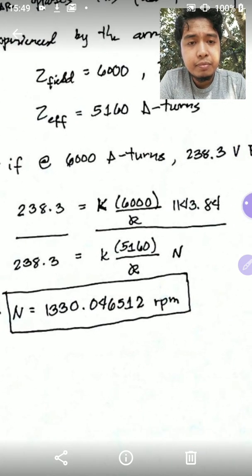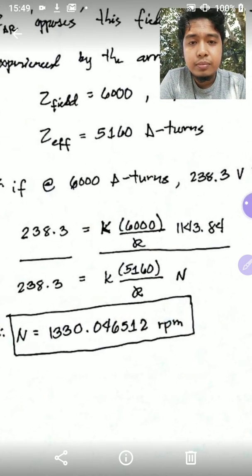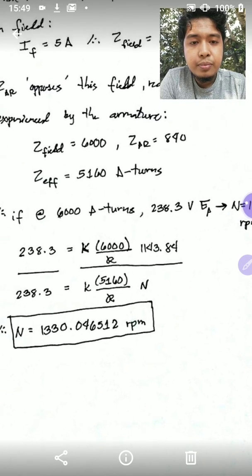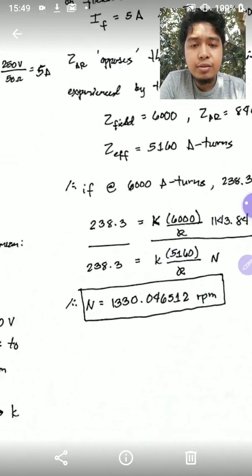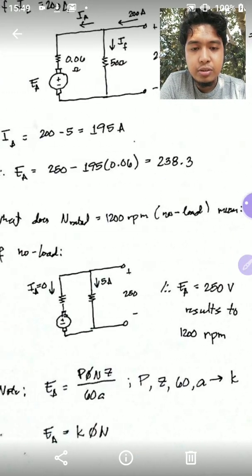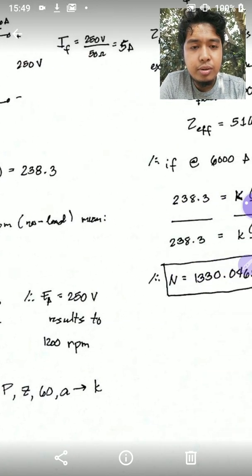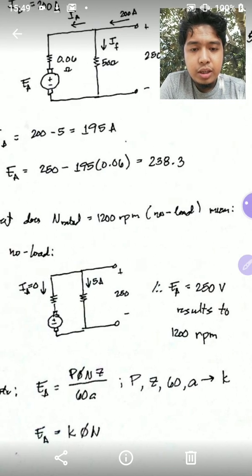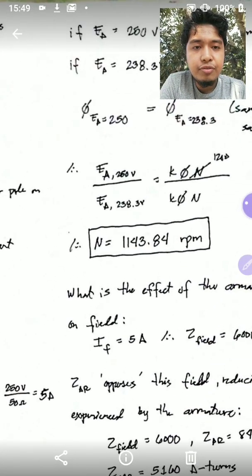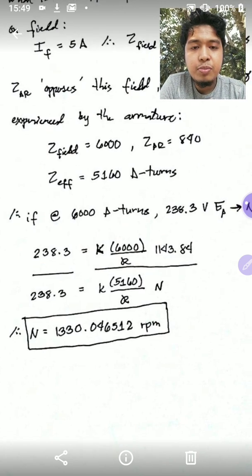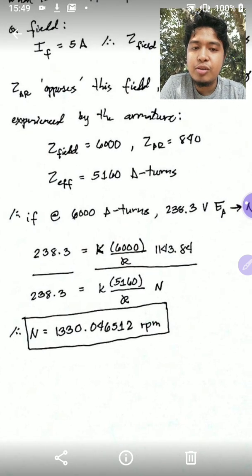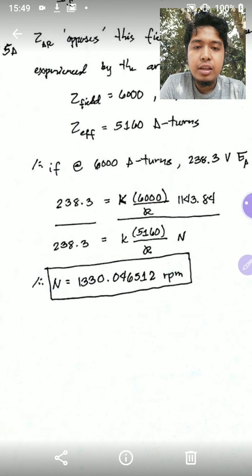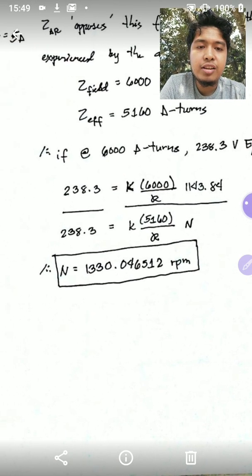And yeah, we can use this relationship again, EA-N, to get the new speed. So in this scenario, instead of canceling phi and K, we'll just be able to cancel K, because we have a value of phi, which is 6,000 over reluctance, and 5,160 over reluctance.